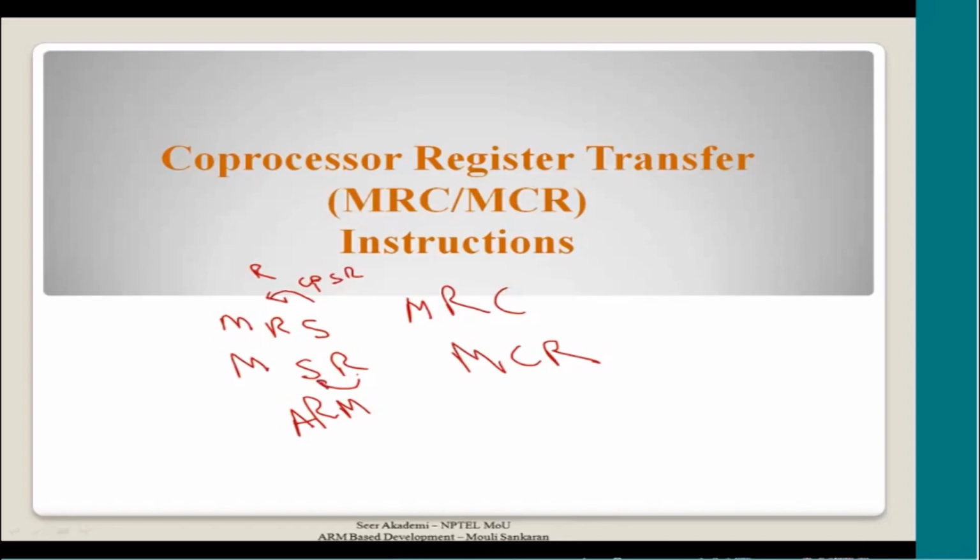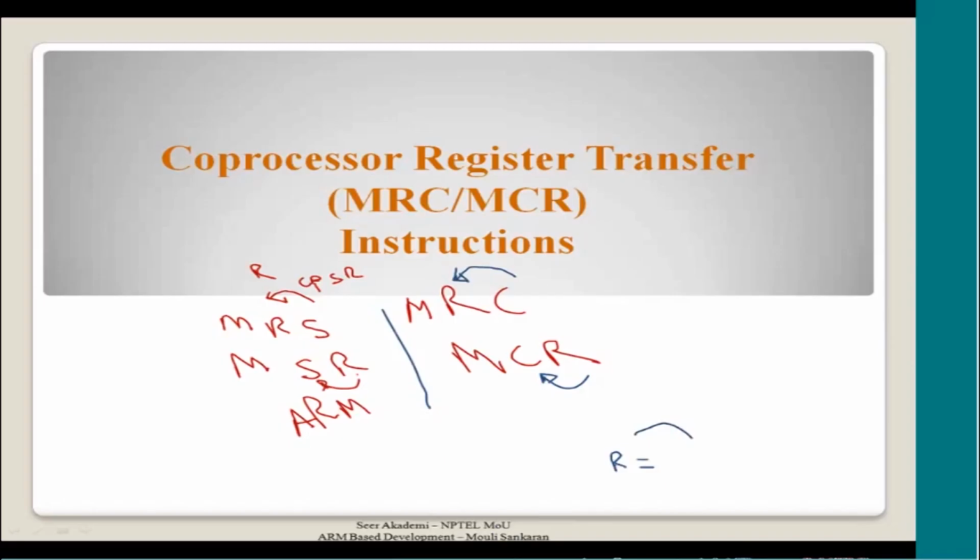So the same convention applies: coprocessor to ARM register is this instruction, and ARM register to coprocessor is the MCR instruction. The conventions are the same.